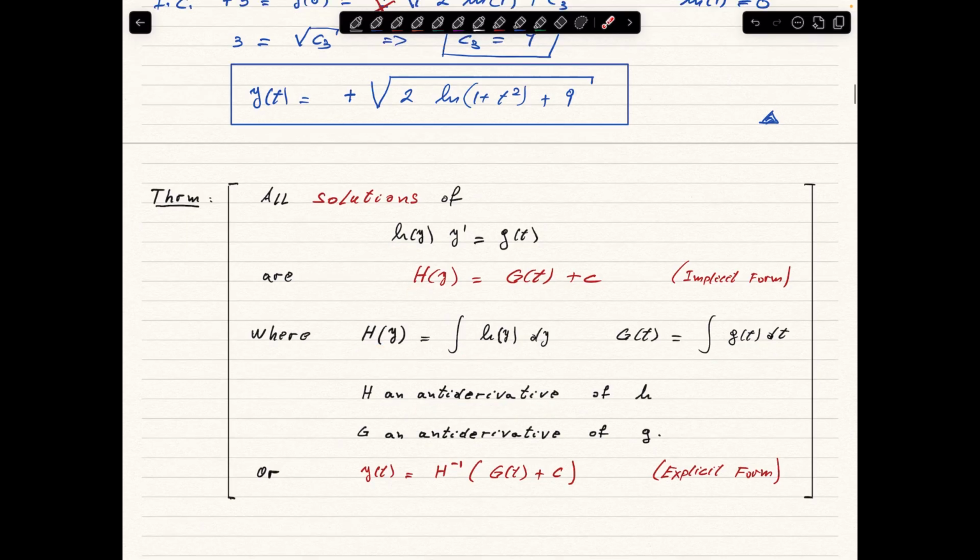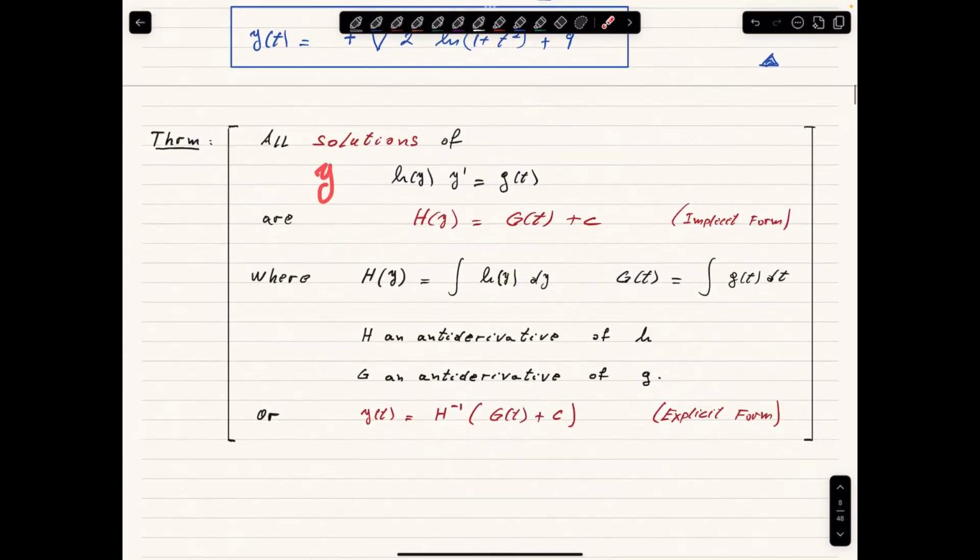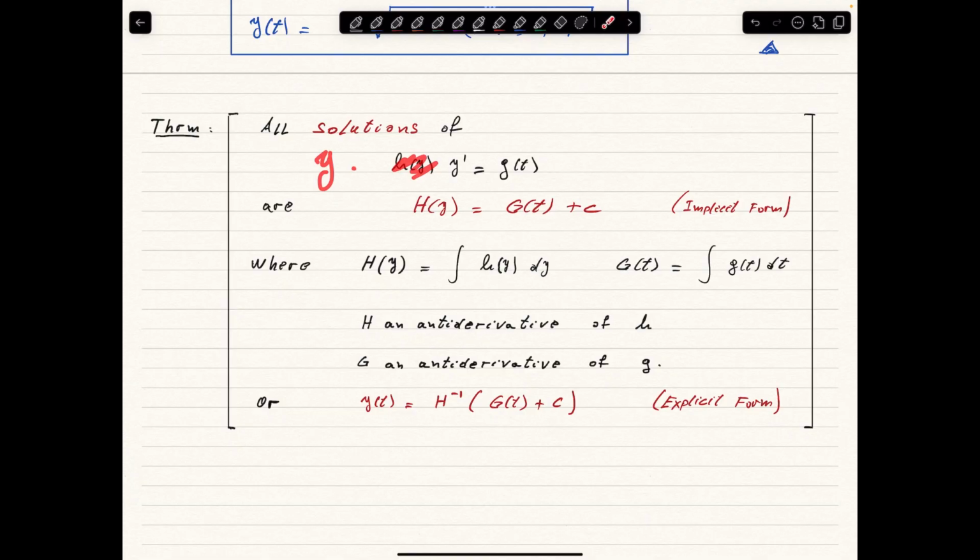For example, in our problem, h was y, so big H is y squared over 2, an antiderivative of small h.